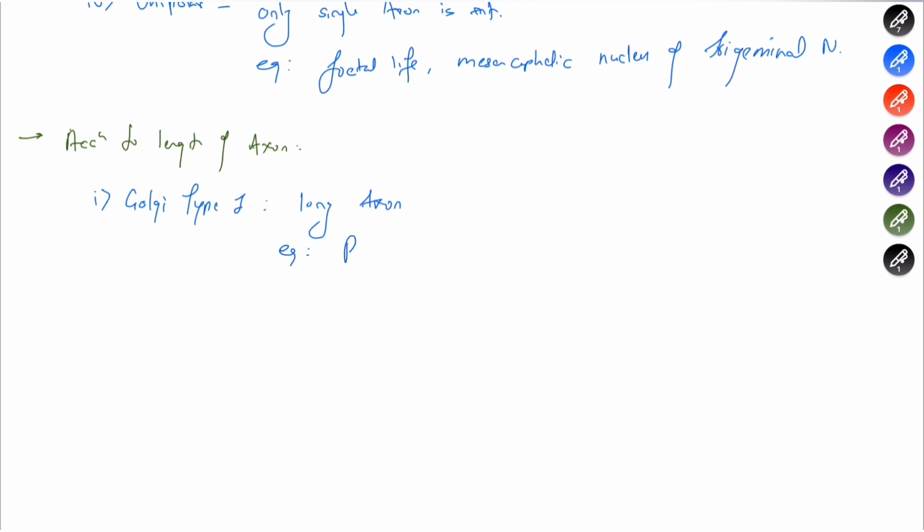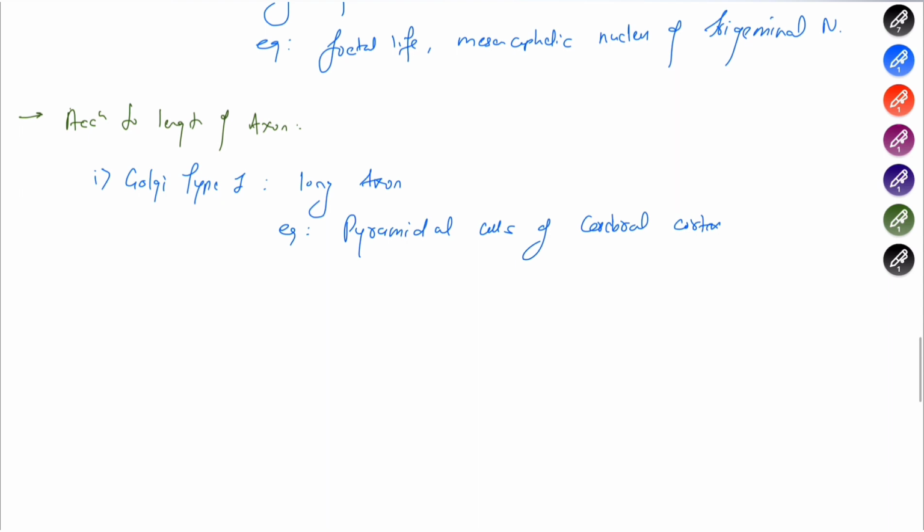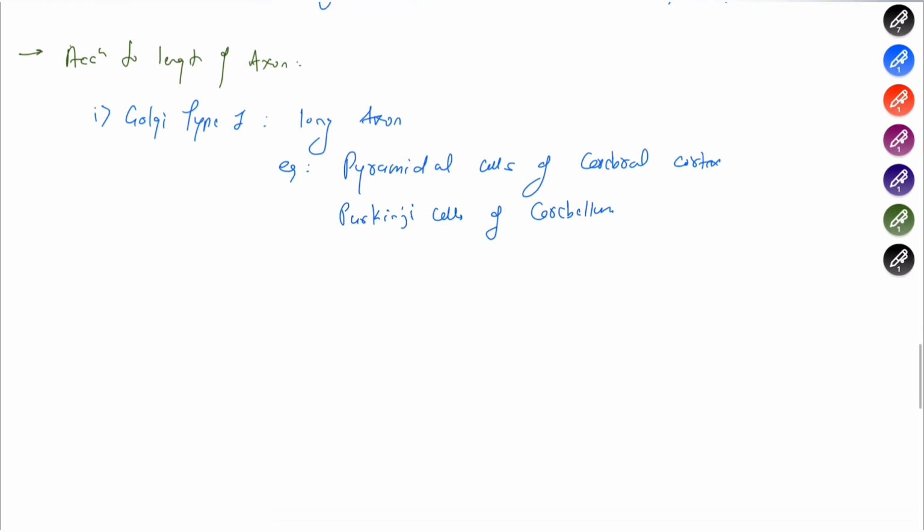Pyramidal cells of cerebral cortex, Purkinje cells of cerebellum, and the anterior horn cells of spinal cord.